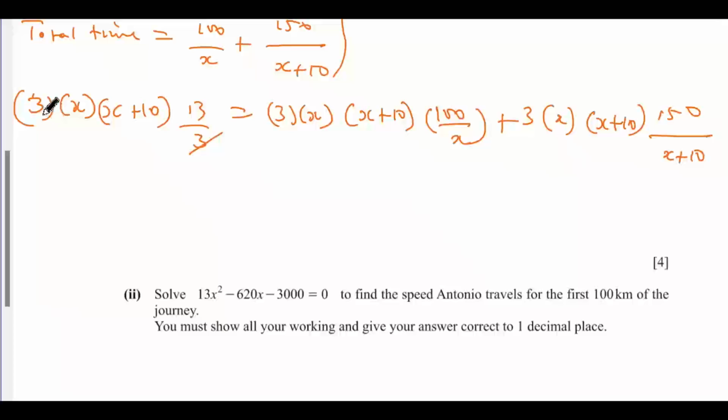Of course, we cancel 3 here, so we are left with x times 13, so that will be 13x.